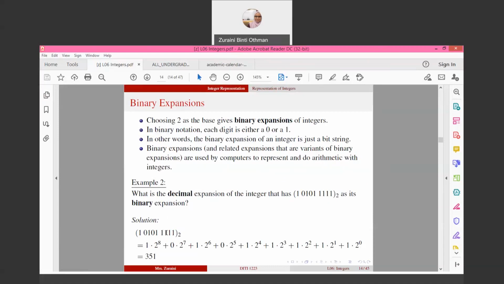Yang ketiga 2 kuasa 2 darab dan seterusnya sehinggalah satu ni darab dengan 2 kuasa 8. So semua ni kita tambah. Okey, so yang depan ni represent kita punya binary number. Kosong just now. Okay, so it becomes 351 for decimal expansion.